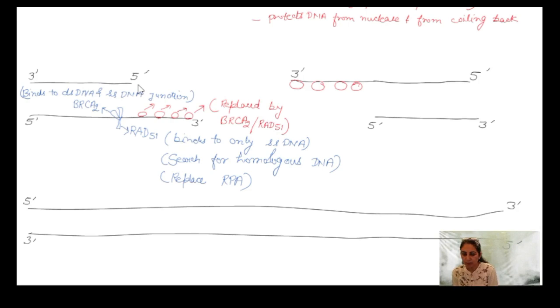So what happens now? First we have to ensure that these 3' overhangs do not coil back to the other strand.